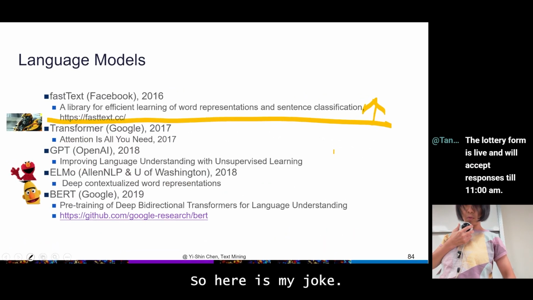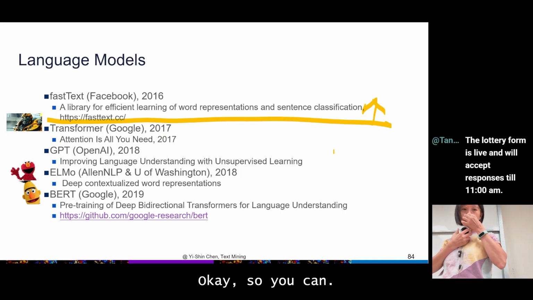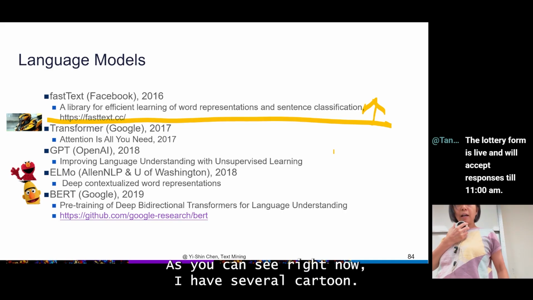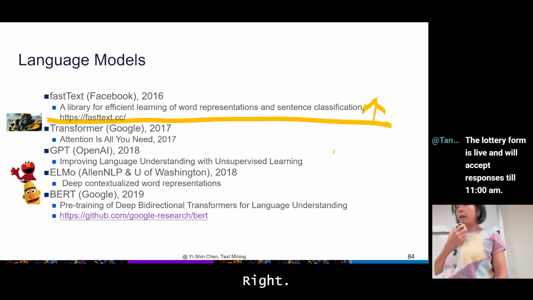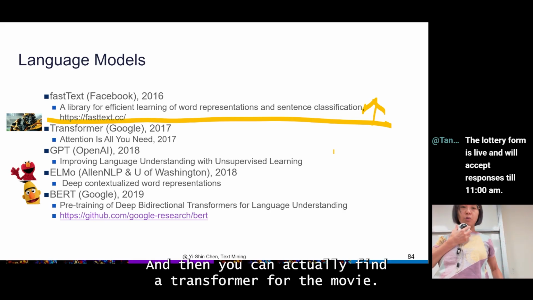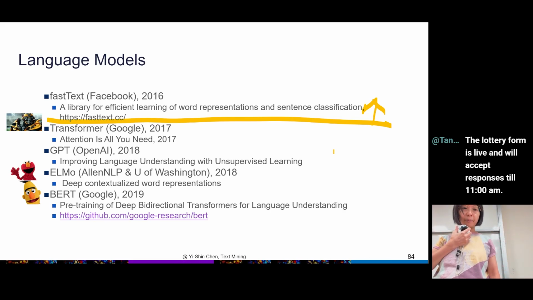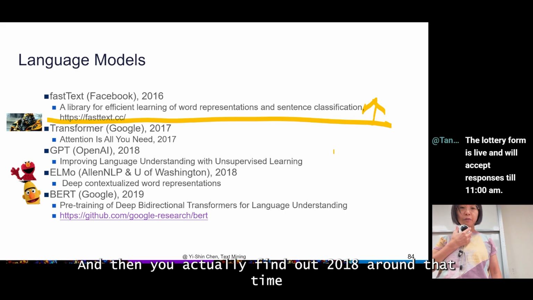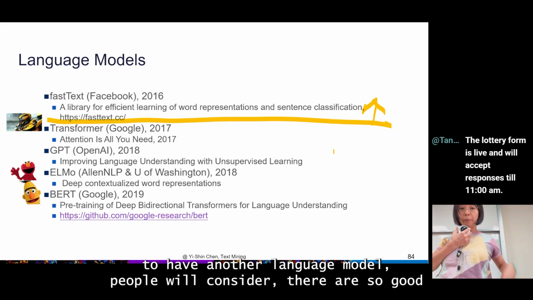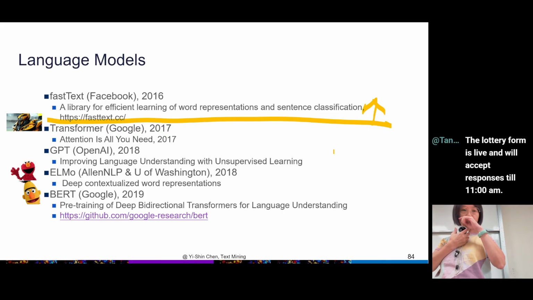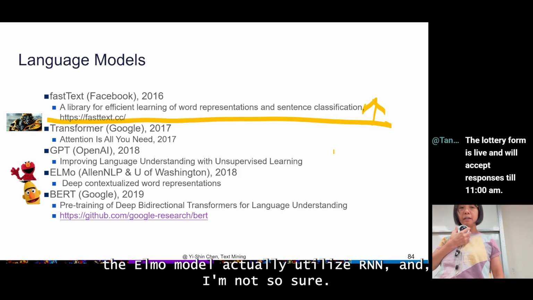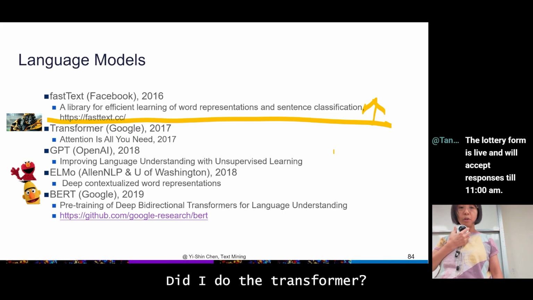Here is my joke. Okay, so you can see right now I have several cartoons, right? You can find the Transformer from the movie, okay? Then around 2018, there was another language model that people considered so good. The ELMo model actually utilizes LSTM, and I'm not so sure if they used the transformer.